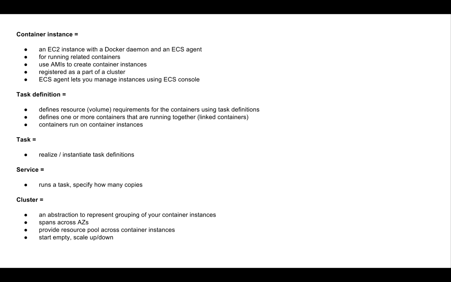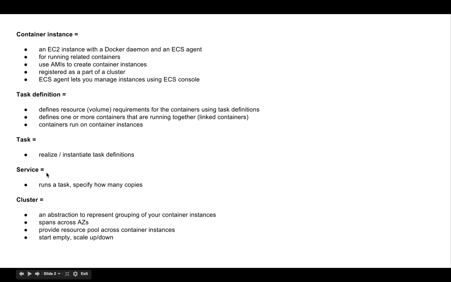And a task definition represents a group of linked or rather associated Docker containers that are intended to run together. And a task is simply a realization or instantiation of these task definitions.